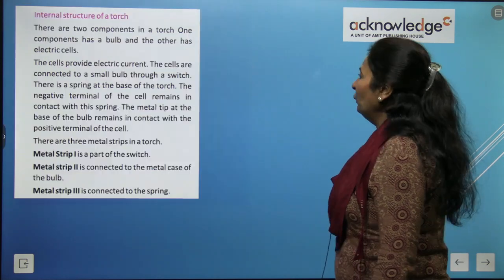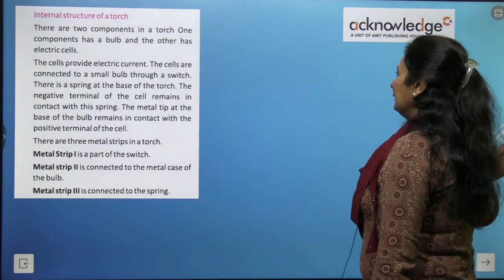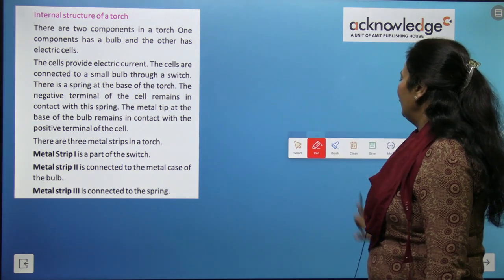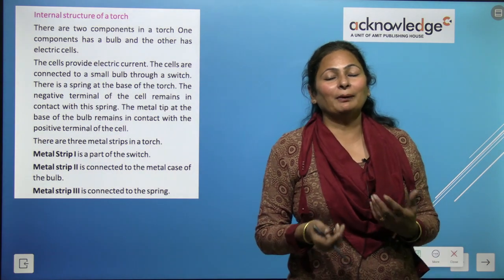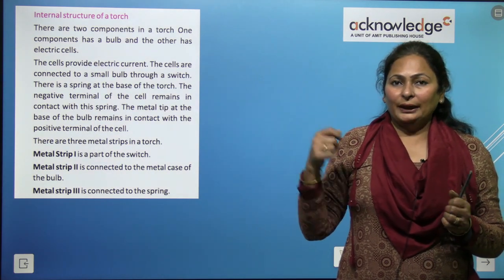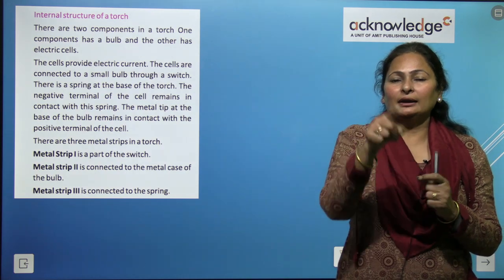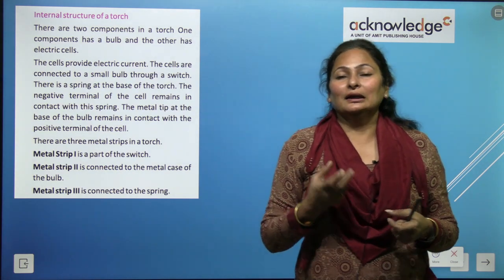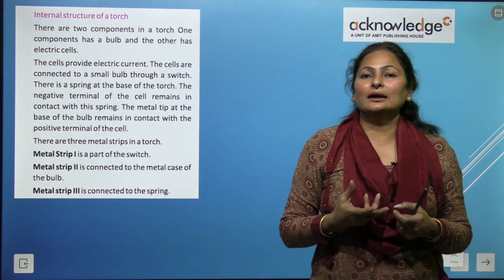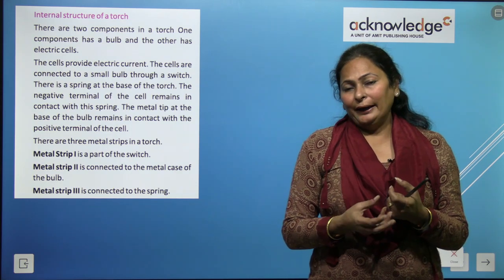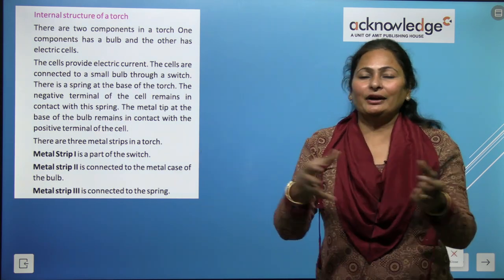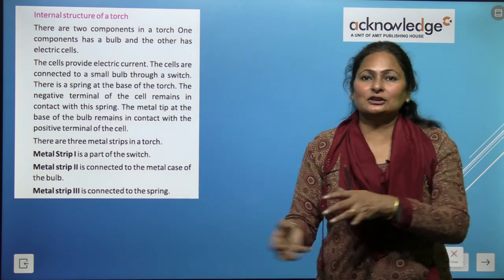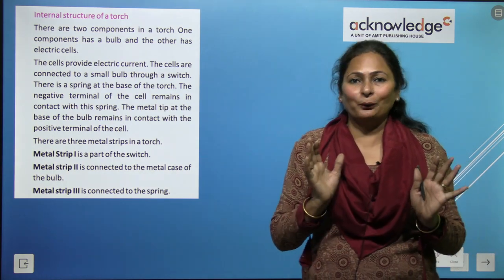The cells provide the electric current, so the bulb will glow when the electricity passes. You don't need to put a plug into the socket and then switch it on, because this is a torch, this is mobile. Now again, what does the term mobile mean? Mobile means you can take it whenever or wherever you want, despite the place, despite whether electricity is present at the socket or not, you can glow it, right?